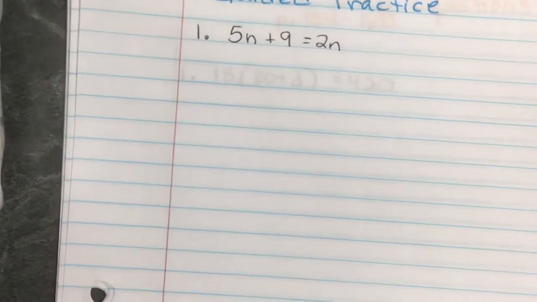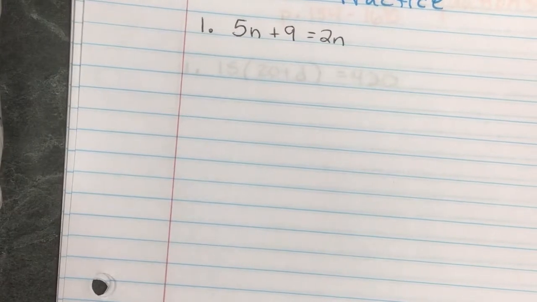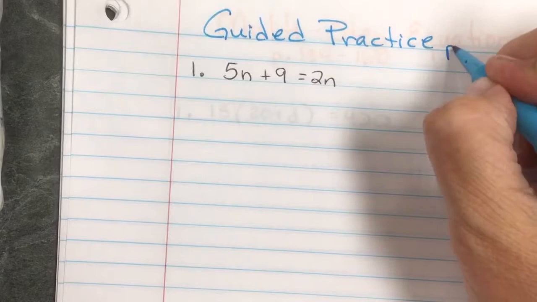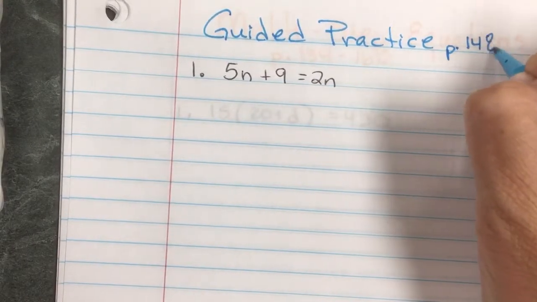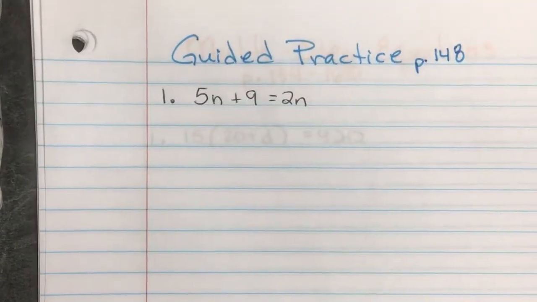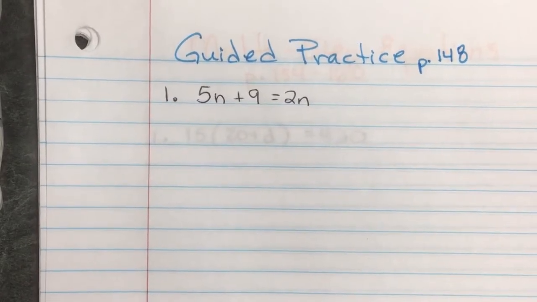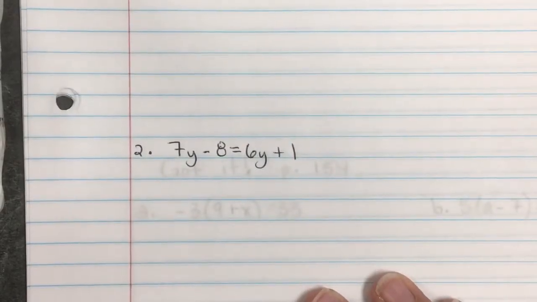Your guided practice is on 148. And this is one of the problems. Okay, now you'll do the guided practice on page 148. You will do numbers 1 and 2.